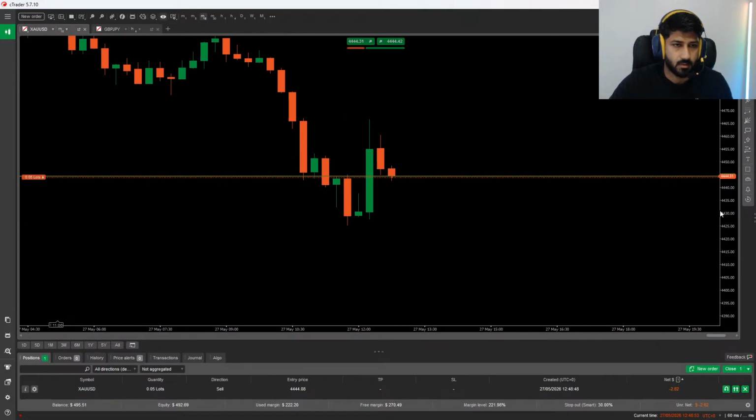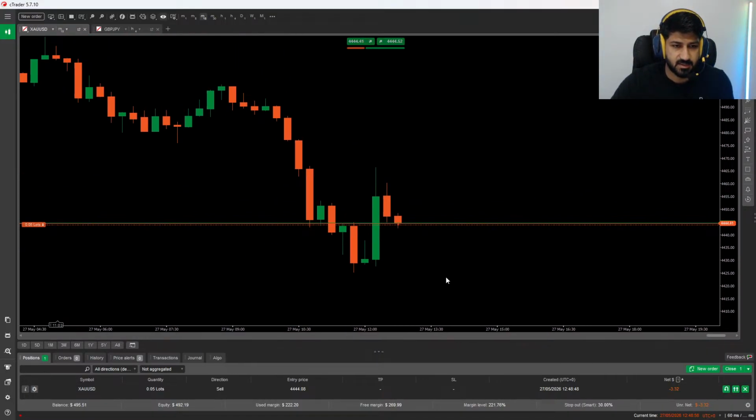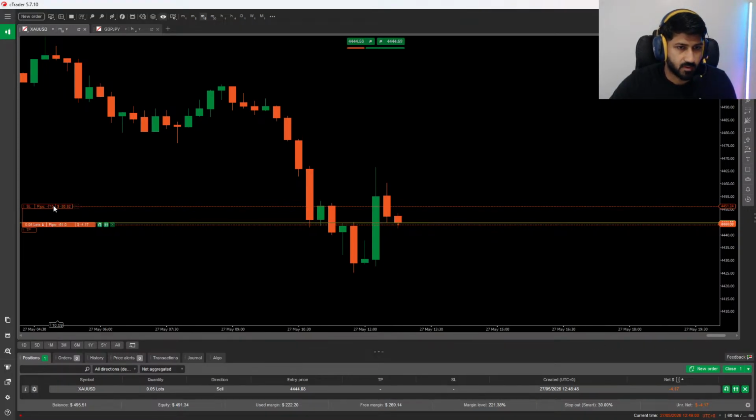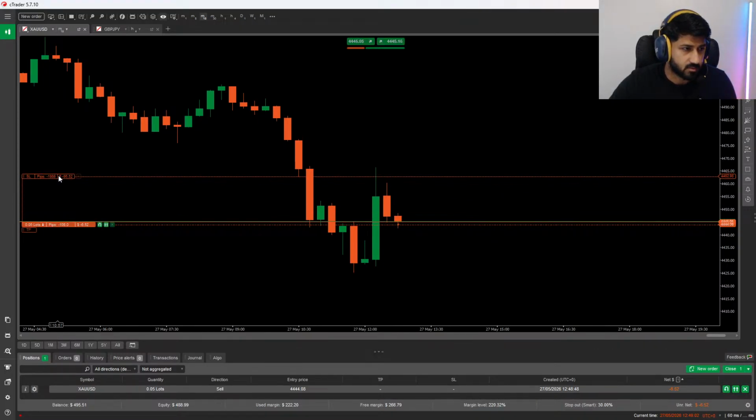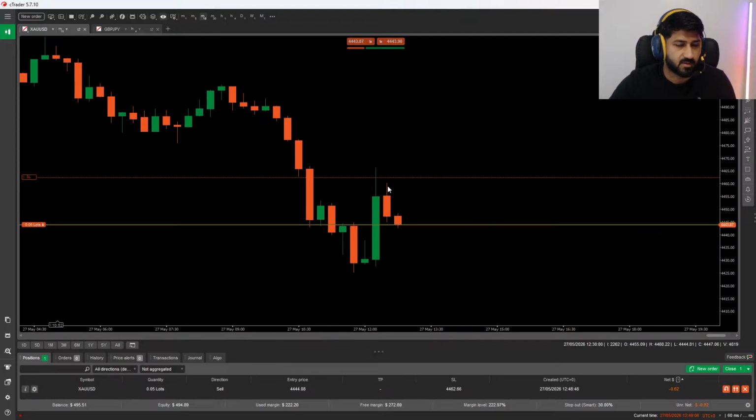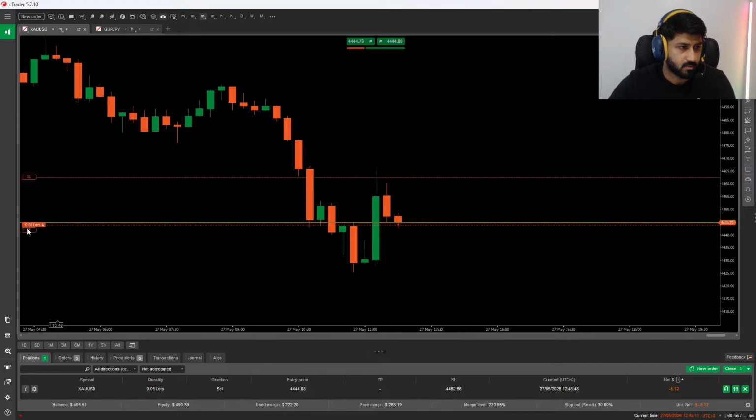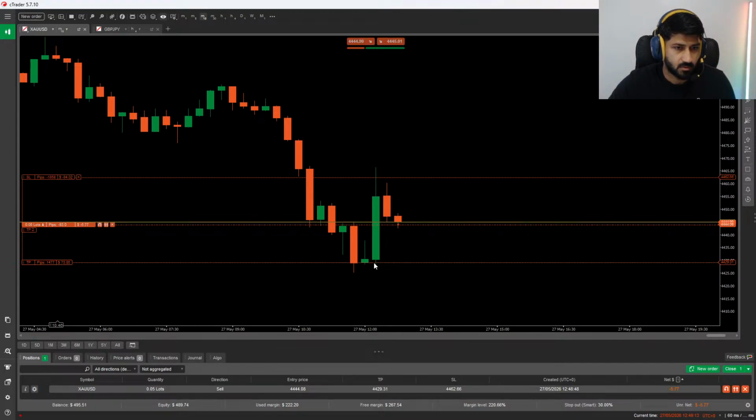Okay, so I've entered sells as the price broke below the previous low. The previous candle's high is going to be the stop loss, and let's see, TP is going to be somewhere around here.